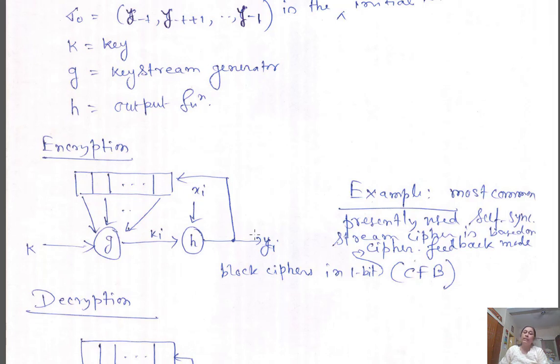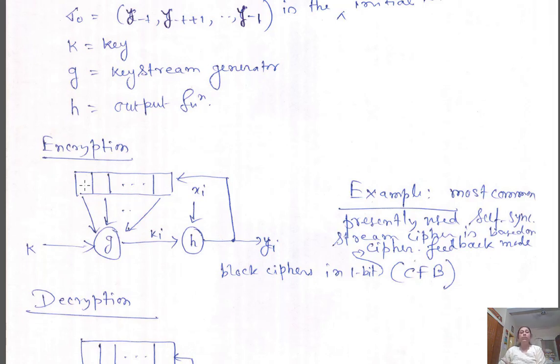So the change in one ith digit will affect the subsequent t many yi's, because when you generate yi plus 1, this changed value is used. Until it gets out of this memory, it will have an effect on generating the yi's.